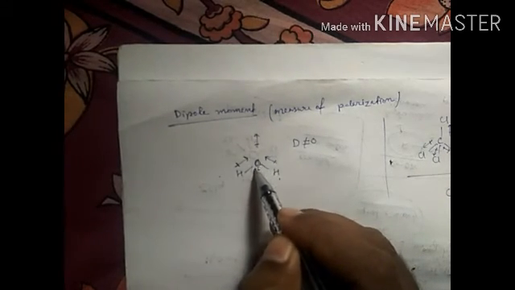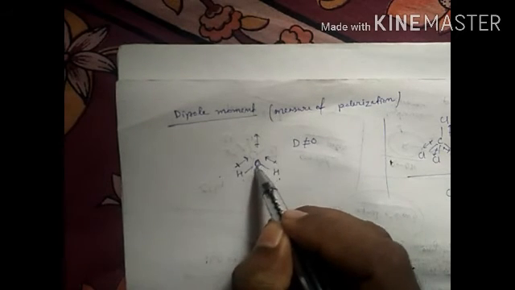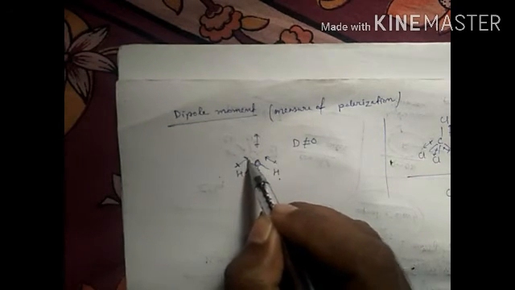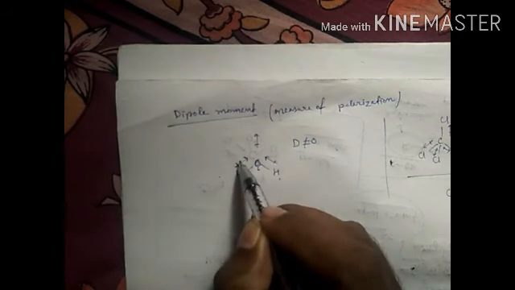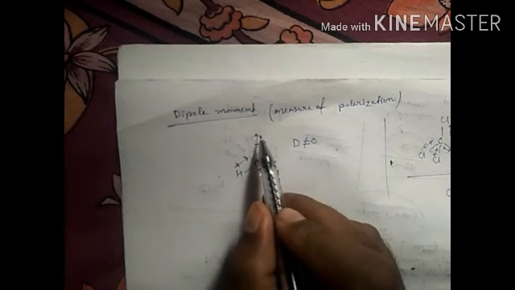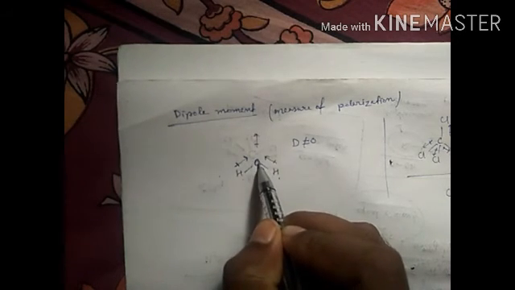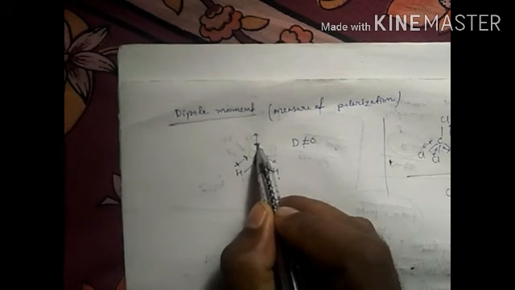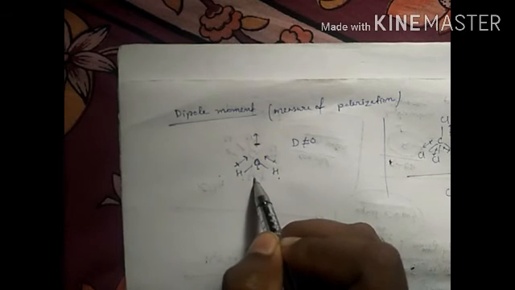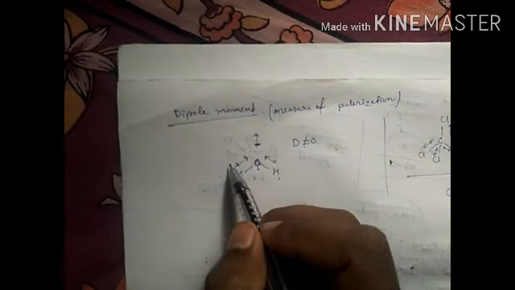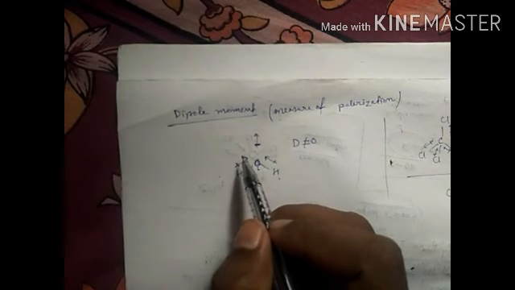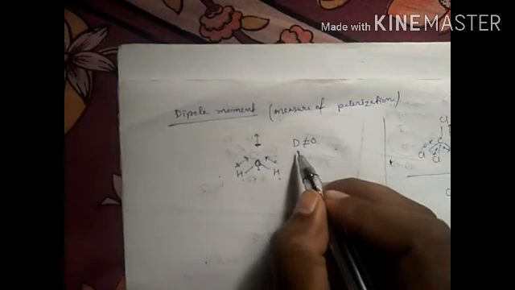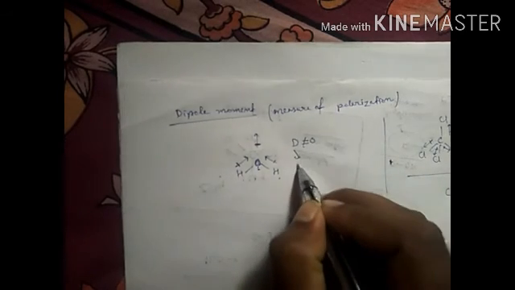See, due to the higher electronegativity value, the electron density pulls towards oxygen. Here also, the net electron density is pulling upward because of the electronegativity of oxygen. This net electron pulling tendency of oxygen makes it a polar molecule, and the polar molecule should have some value of dipole moment, which is denoted as D. D means dipole moment.